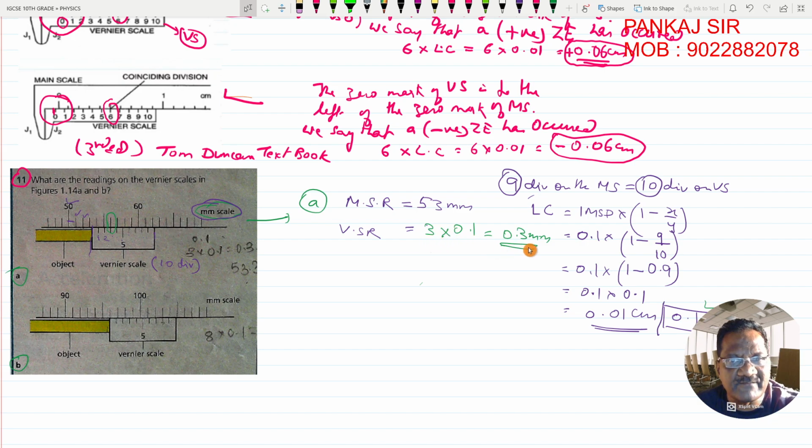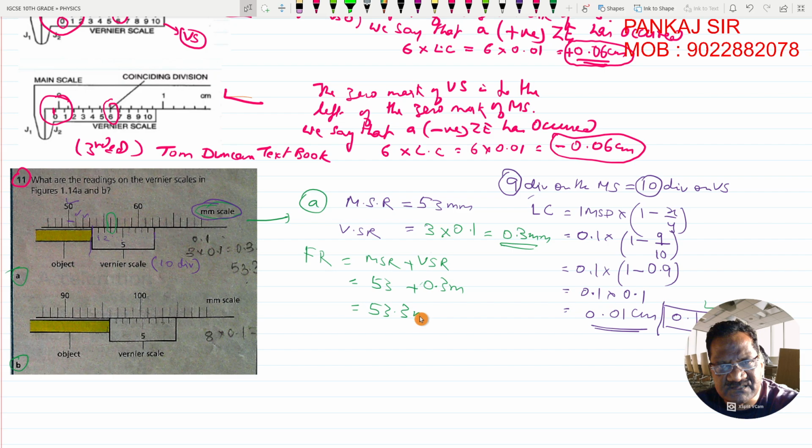Then you have to find the final reading. So the final reading is main scale reading plus vernier scale reading, which in this case is 53 millimeter plus 0.3 millimeter. So your final reading should be 53.3 millimeter. Am I right?